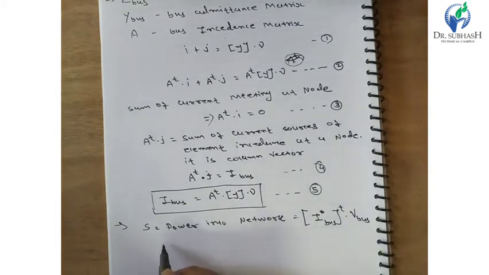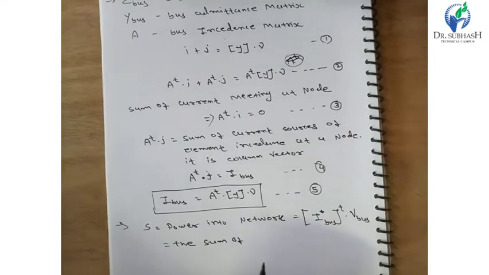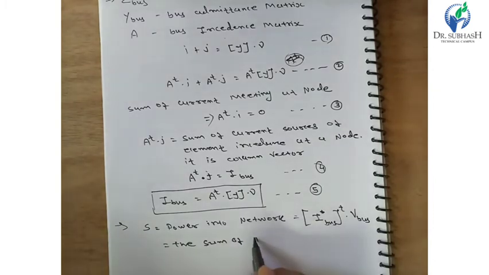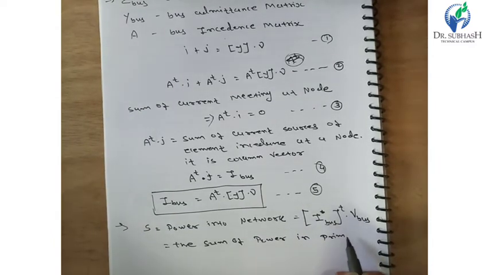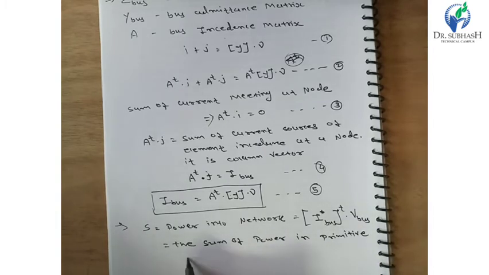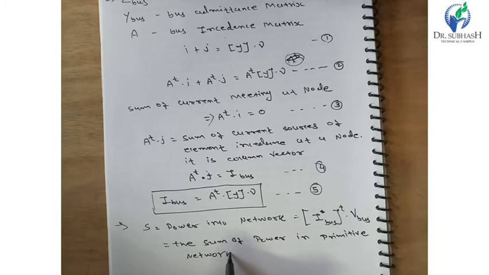So in the star form, it is known as the sum of power in a primitive network, which is also known as J star into T into V. So here we represent the voltage vector in this form.